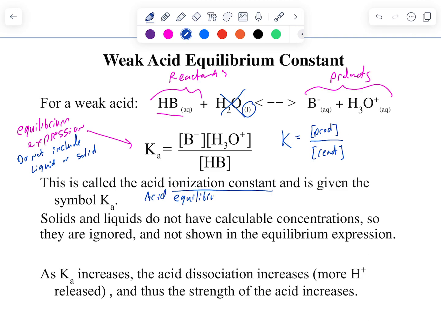It goes by a couple names. What it tells us is the ratio of the concentration of the products over the concentration of the reactants when equilibrium is established.